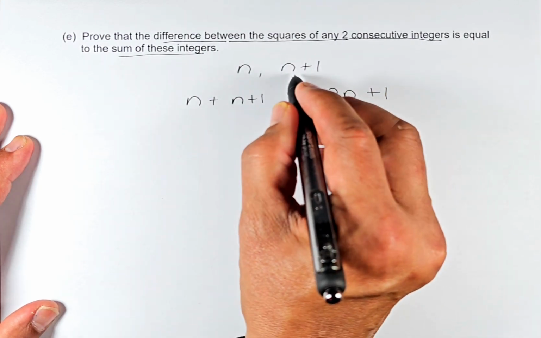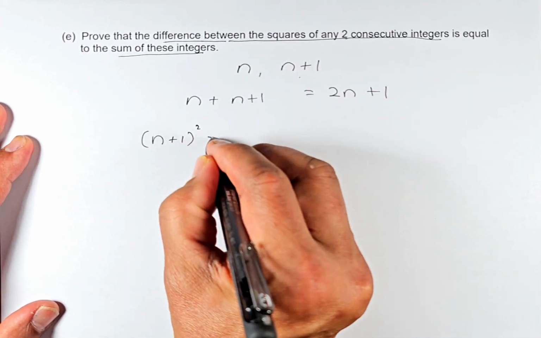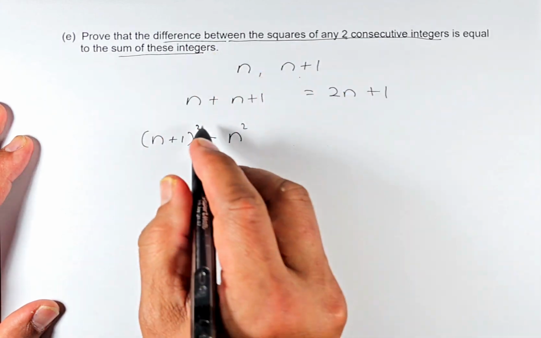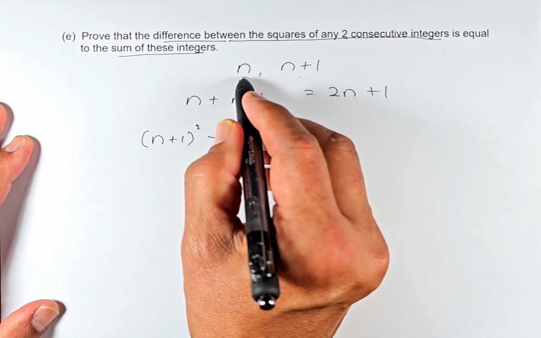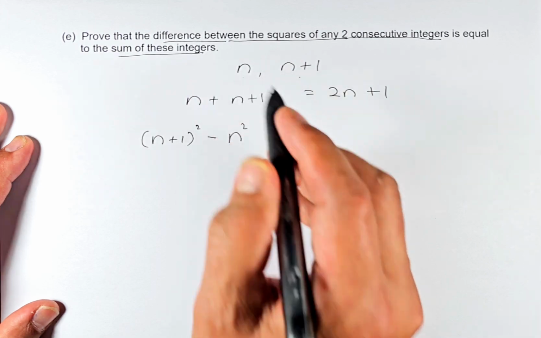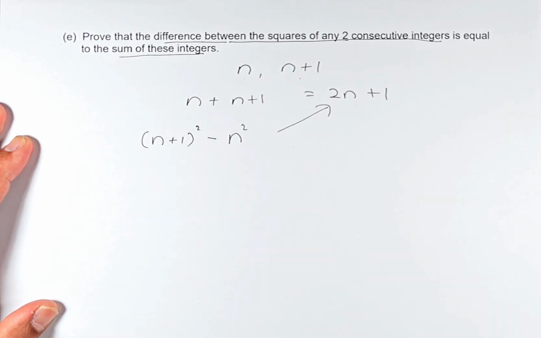So if this is bigger, it is n plus 1 squared minus the second integer squared, the difference between the squares of the two numbers. So this is the square of the first integer minus the square of the second integer, or the other way around, and we need to prove that that is also equal to 2n plus 1. Then we have done our job.